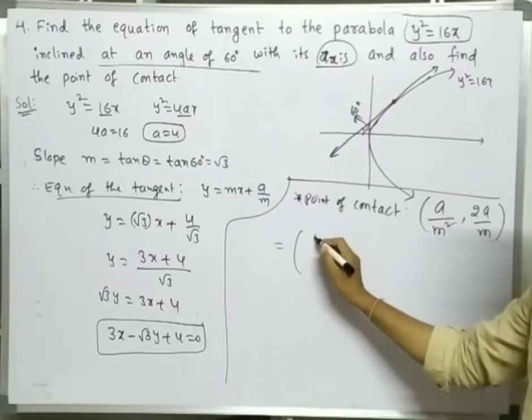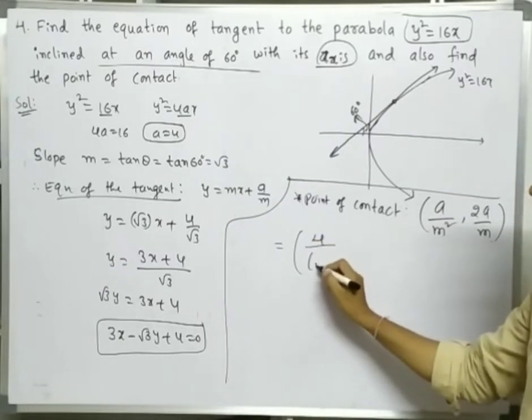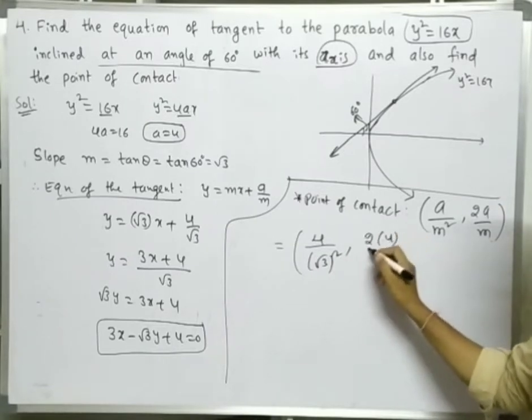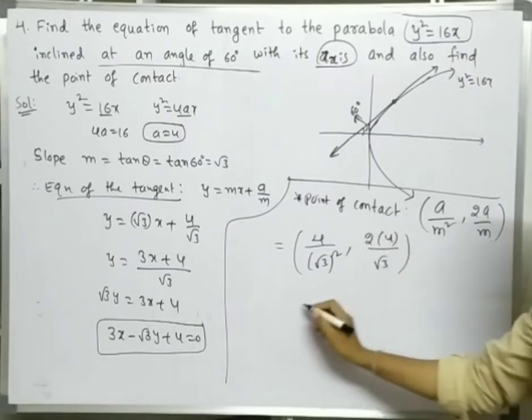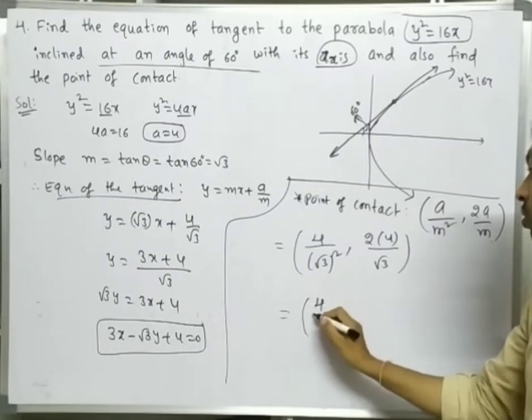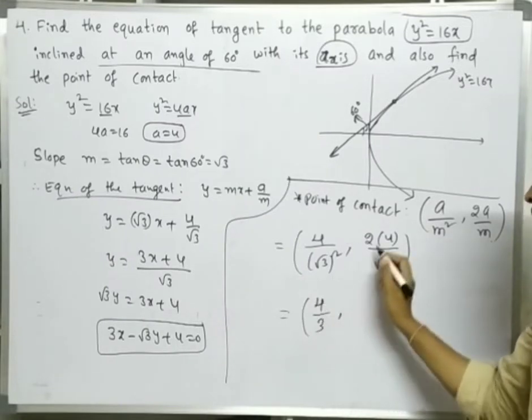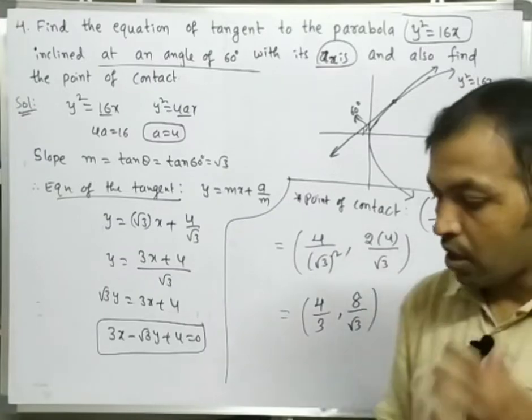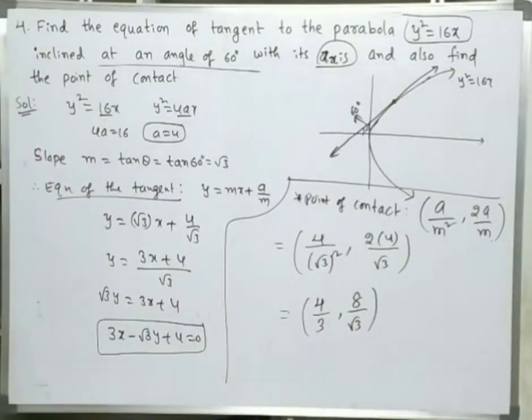What is a here? 4 by m square, root 3 square, comma 2a, 4 by m, root 3. So finally 4 by root 3 whole square, 4 by 3, comma 2 into 4, 8 by root 3. So 4 by 3 comma 8 by root 3 is the point of contact. Like this we can find the equation of the tangent and point of contact.